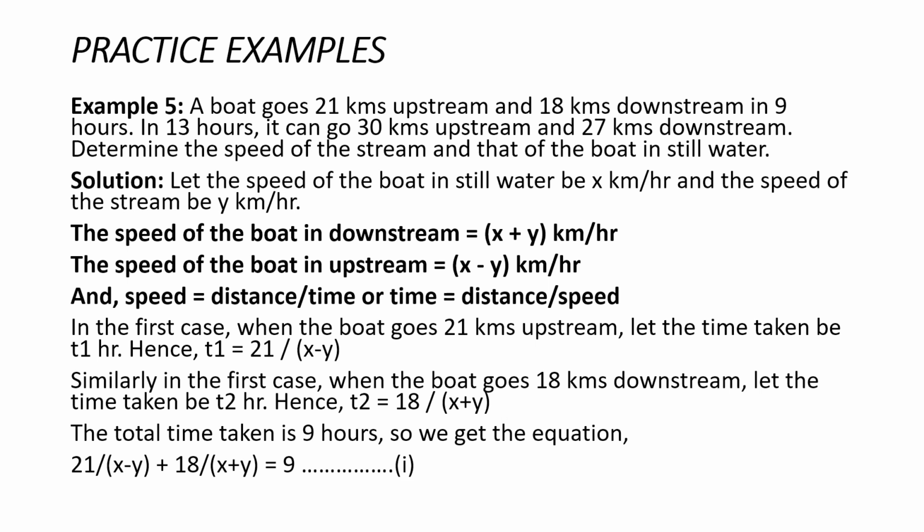So again over here, time is distance upon speed. T2 is equal to distance, which is 18, upon speed, which will be x plus y because it is downstream. So from the first case, what we get is t1 is 21 upon x minus y, t2 is 18 upon x plus y. The total time is 9 hours.